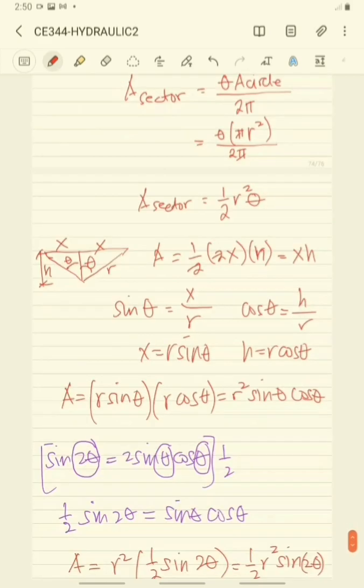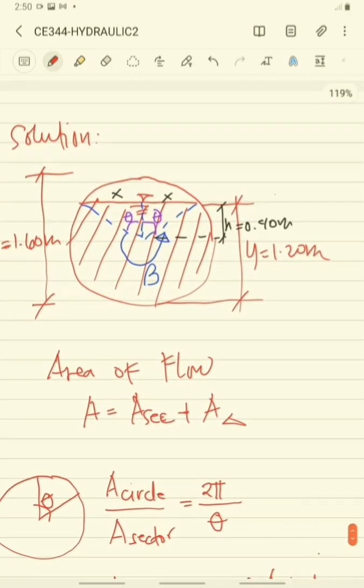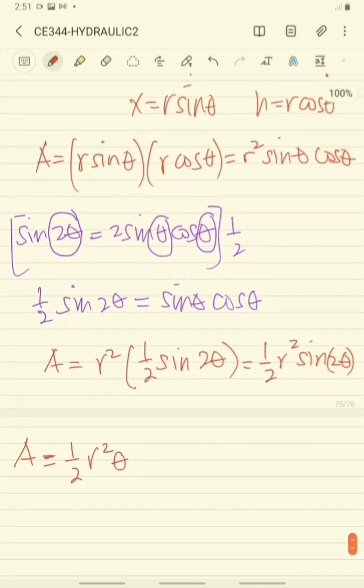But the sector here in our problem has the angle beta, so we have r squared times beta.